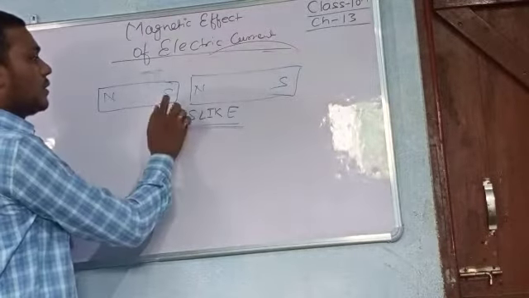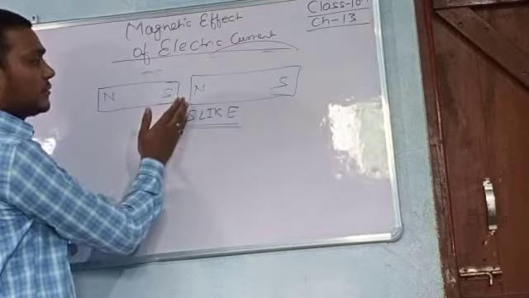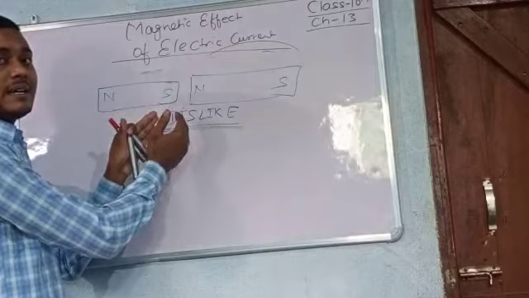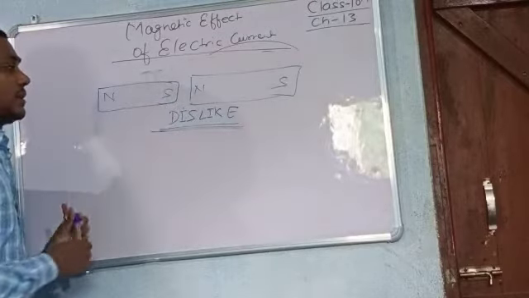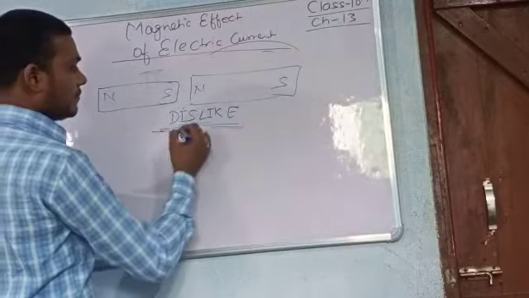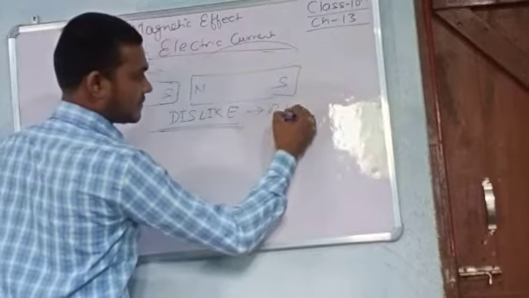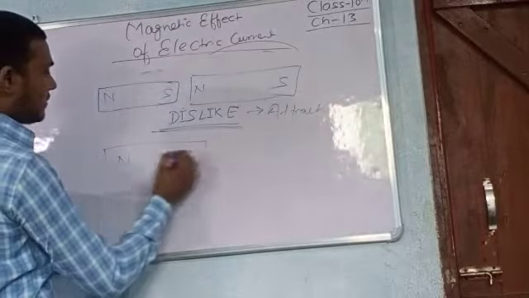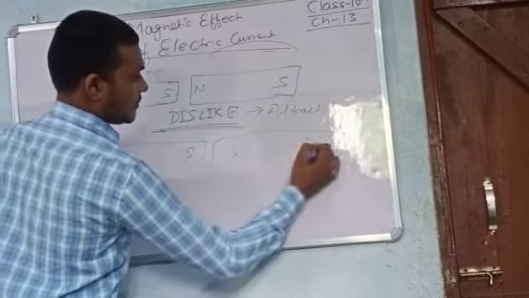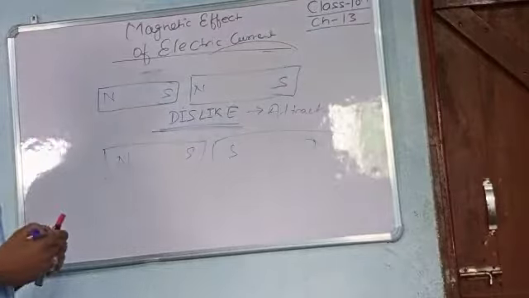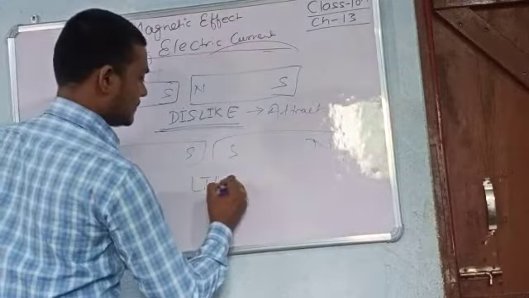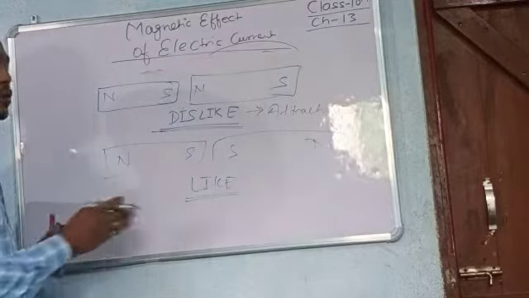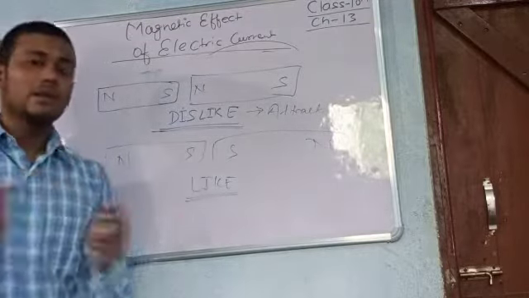This means that if a south pole is placed in front of a north pole, both magnets are attracted to each other. Now if the bar magnets are placed in this way, these are like poles, so in this case both of them repel each other.